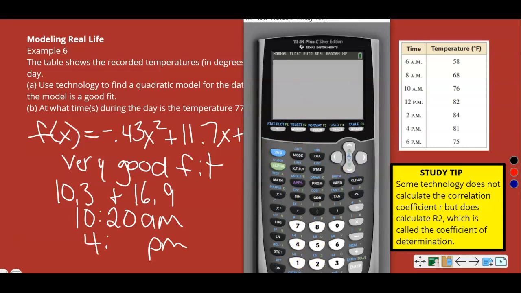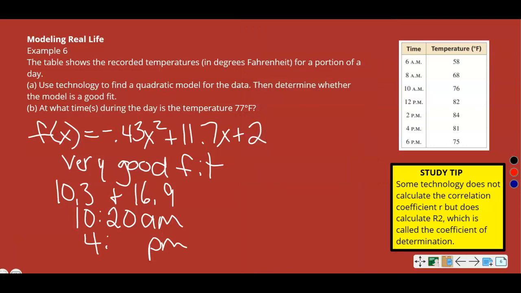So we're going to do 0.9 times 60 minutes, because there's 60 minutes in an hour, and that's going to be 54. So about 4:54 p.m. it's going to be 77 degrees. So we can say the temperature is 77 degrees at about 10:20 a.m. and again about 4:54 p.m.